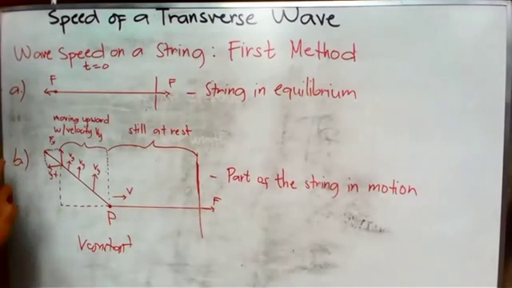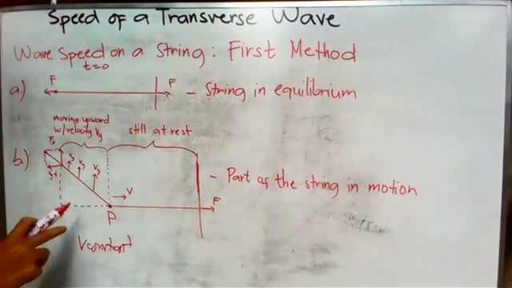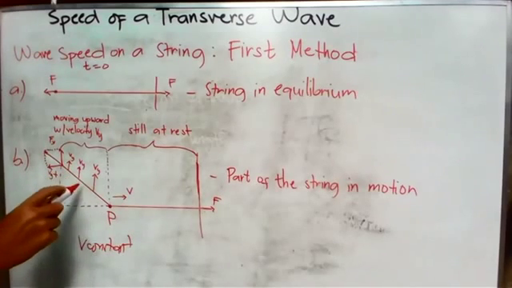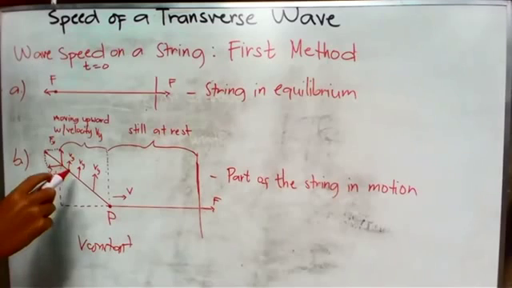So this figure shows that all particles in the moving portion of the string move upward, right? All particles here move upward with constant velocity Vy.